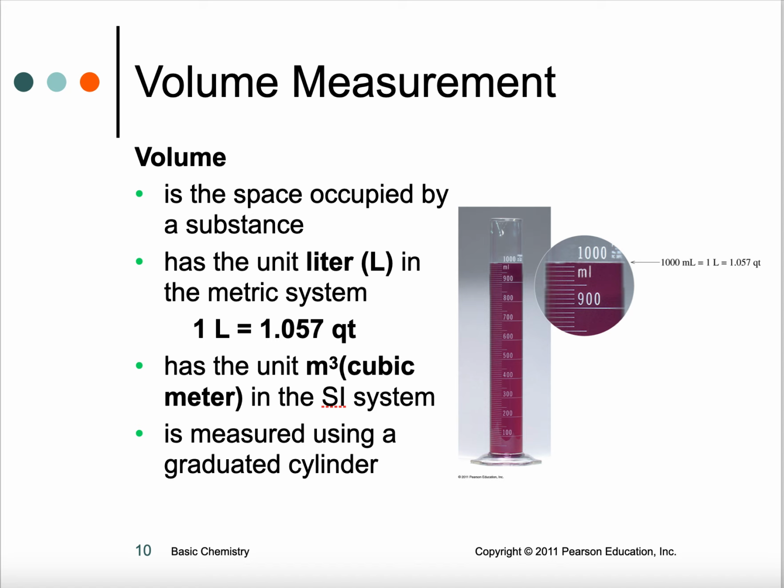So the measurement of that cube is centimeter, centimeter, centimeter. So 1 cubic centimeter is a milliliter. If I know how many inches that box is, then I can change that to centimeters with 2.54 centimeters to the inch, then know what a milliliter is, and then there's 1,000 milliliters in a liter. So you can convert one to another. And then the cubic meter is the SI unit.